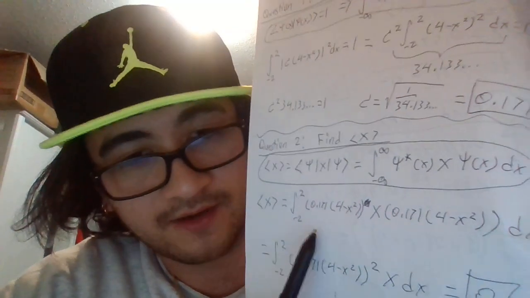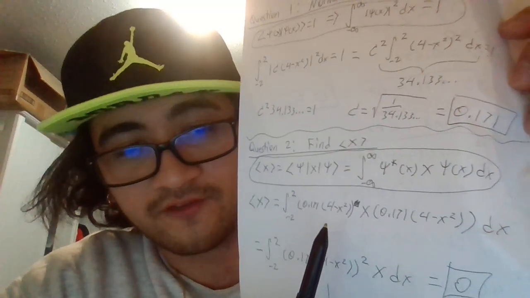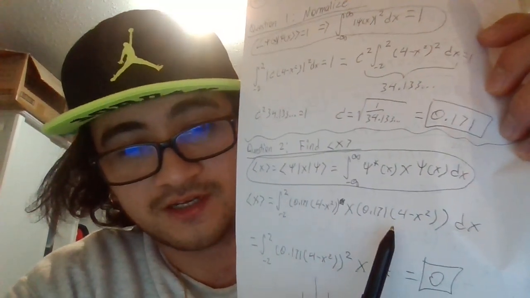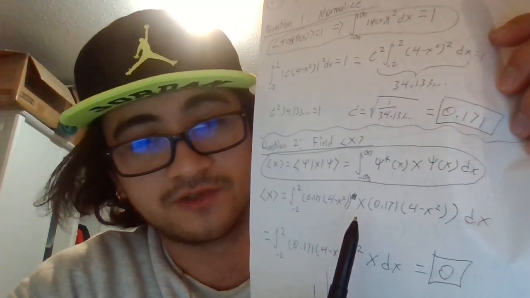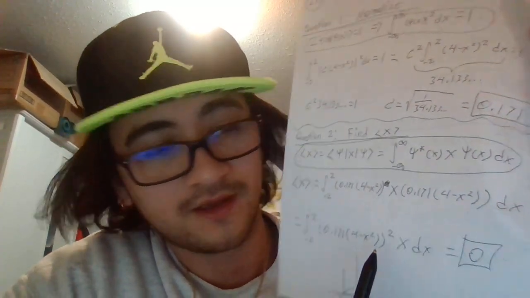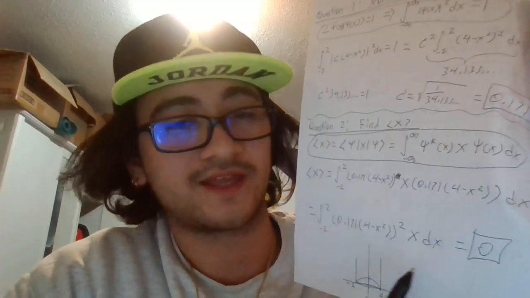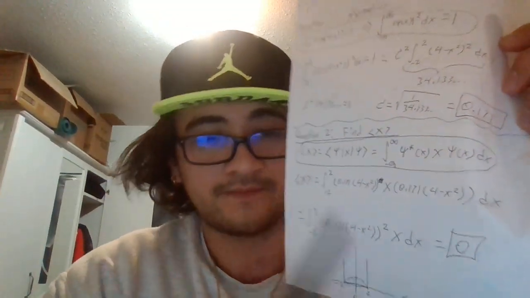The x is sandwiched in between, so that simplifies to the wave function squared, and then you have an x dx. If you plug that into the calculator, it gives you 0.